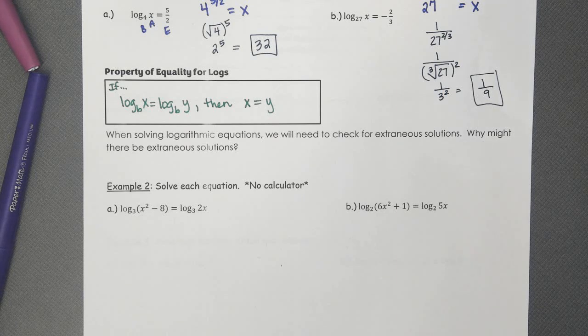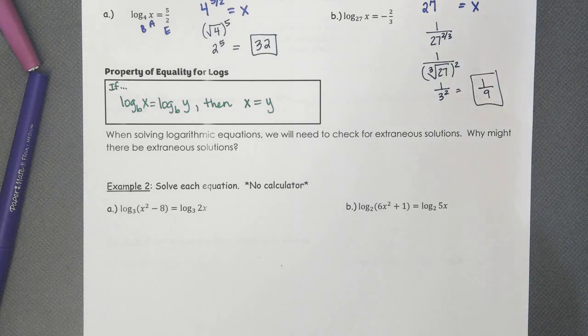Yesterday we learned something special about logs, right? We did talk about the inverse. So you have restrictions on your x values. The x values are part of the domain. So if there's restrictions on the domain, then you have to check for extraneous solutions.